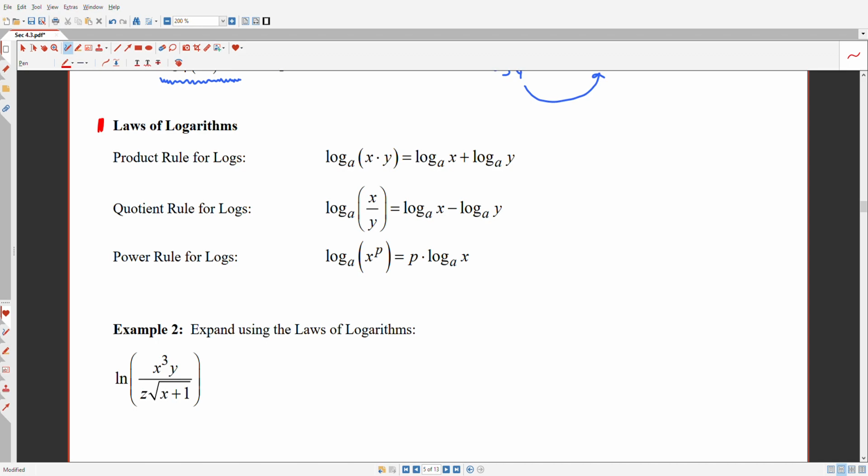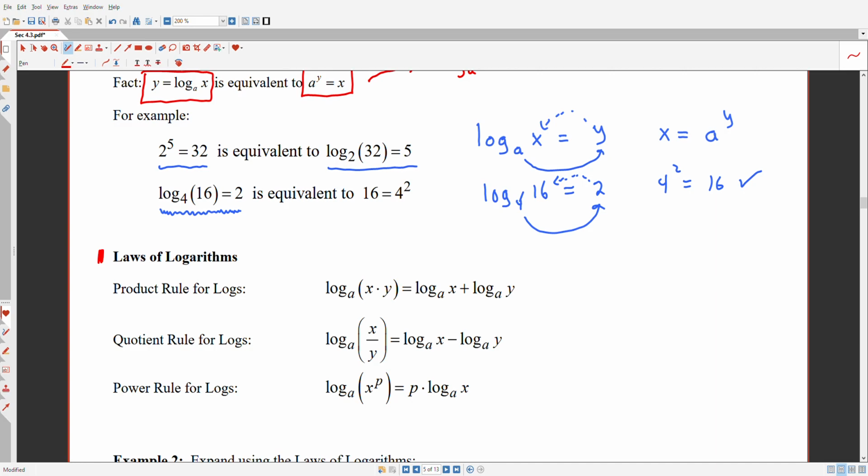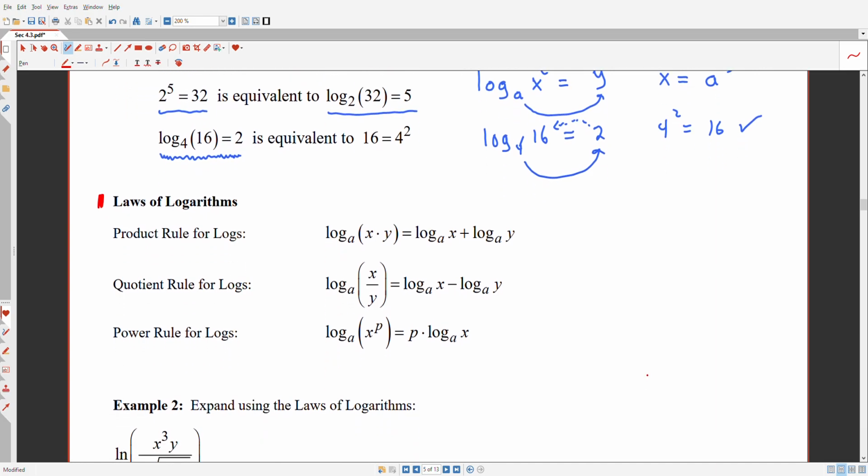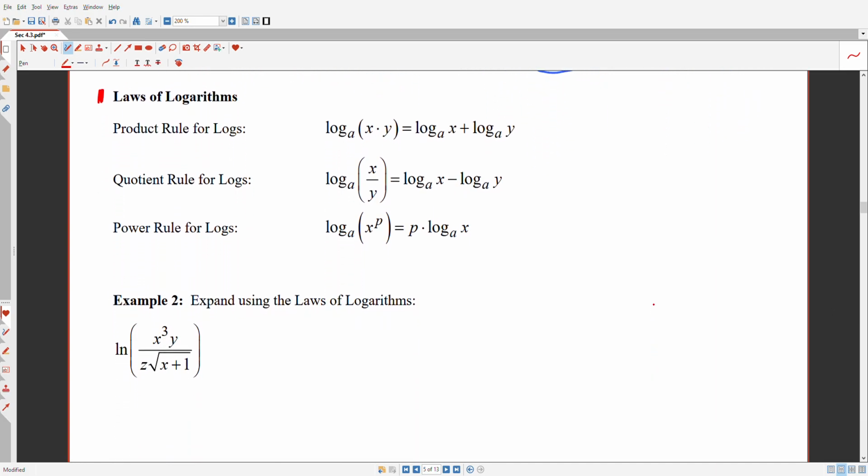Now, the cost of this, of course, is that logarithms are hard to think about, like log base 2 of 7. I don't really know what that number is. But even though logarithms can produce weird outputs, one of the benefits is that they make mathematical operations easier.